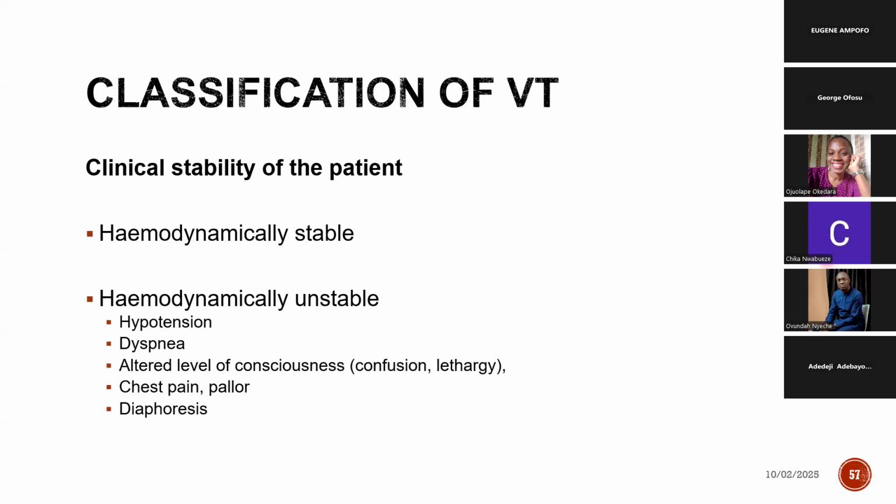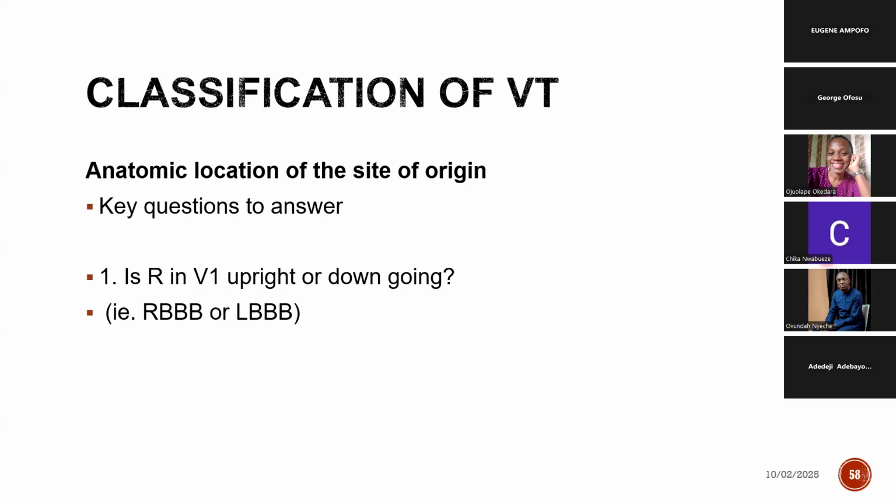They may have an altered level of consciousness, so they may present with confusion or lethargy. They can sometimes present with chest pain, pallor, diaphoresis, tachypnea, or cold, clammy extremities. So if you examine a patient and she has any of these symptoms, then the patient is classified as being hemodynamically unstable. And this has influence on the path of management.